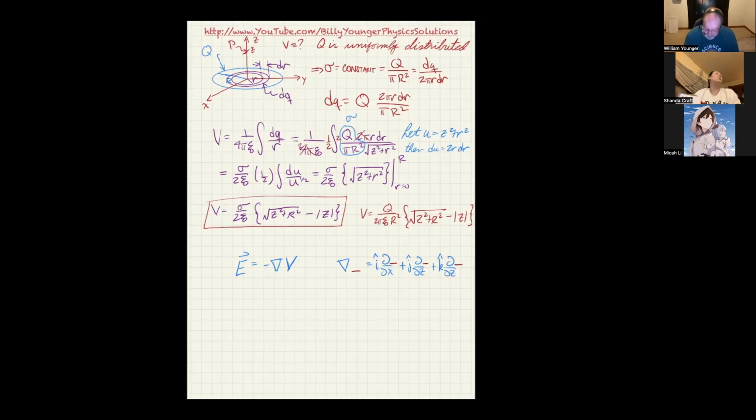Now, it's a lot more complicated if you're using coordinates other than Cartesian coordinates, but that's basically what it is. That's called the gradient. And that's how you could get it.